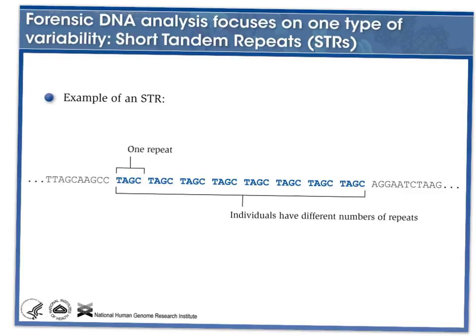This individual at another region might have 4, not necessarily of TAGC, could be something else. And another region might have 10. Well, if you take 20 of those, the chances of one person having exactly the same number of repeats at all of those different 20 regions becomes very, very, very small.